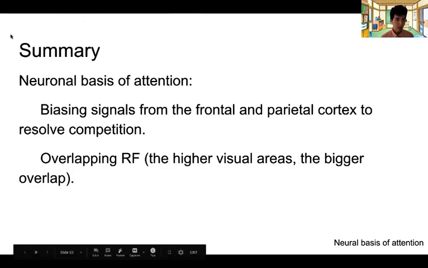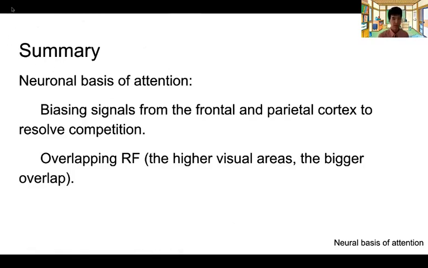in this section, I explained the neural basis of attention. It's primarily coming from the biasing signal from the frontal or parietal cortex, and that tries to resolve the competition. And for this to work, you need overlapping receptive fields of a very large kind. So that's likely to be located in higher visual areas with bigger overlap between receptive fields.